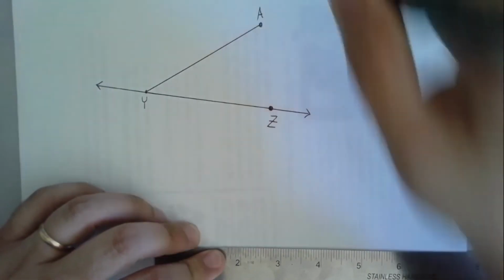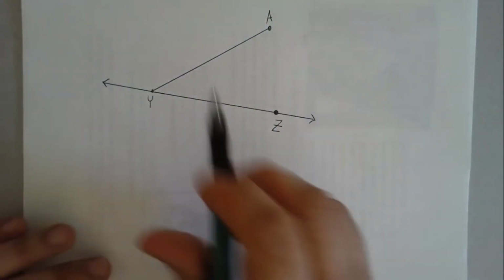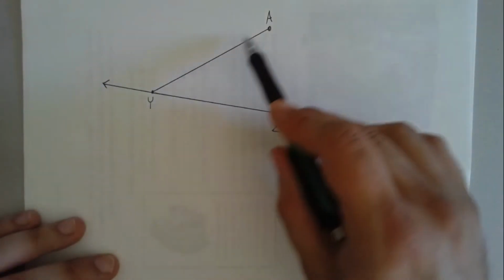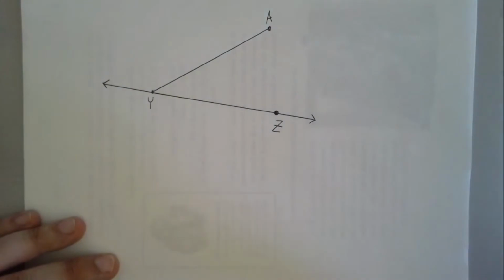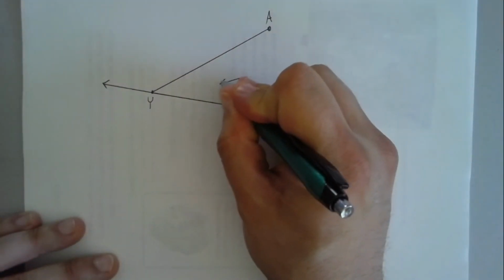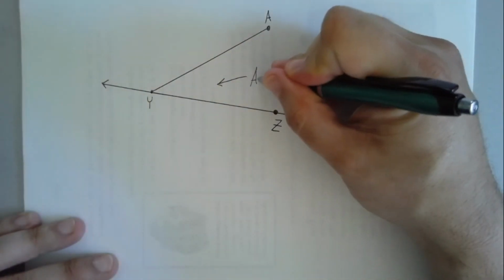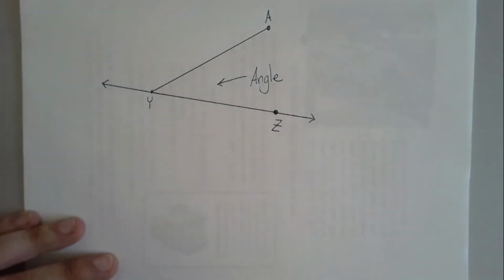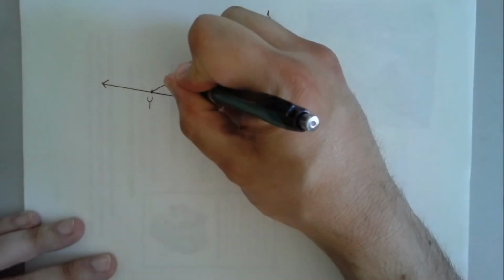We'll call this point A. I have line YZ and line segment YA or AY. They're meeting and they're forming what we call an angle right in the middle. An angle is the point in which two line segments or lines or rays, or in this case, a combination of both, meet.